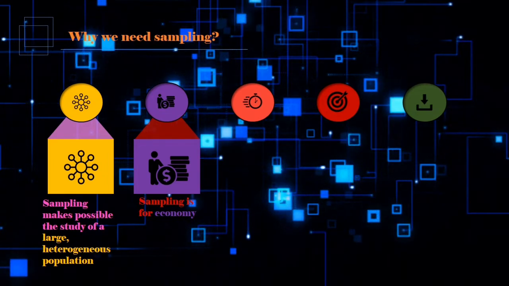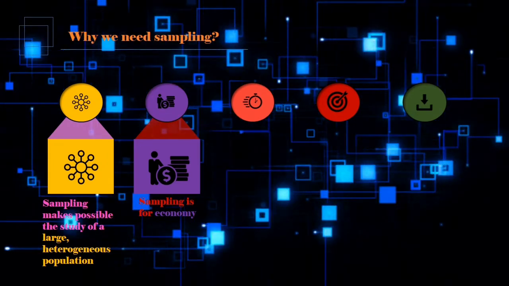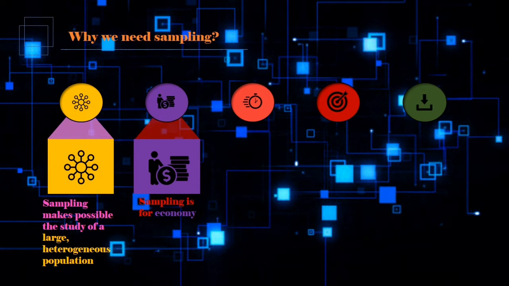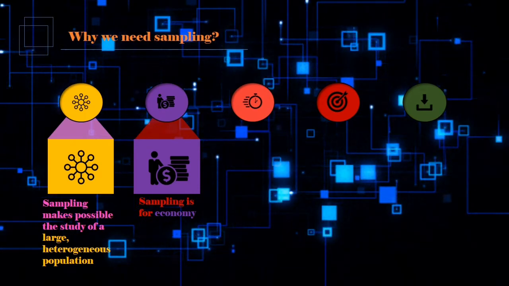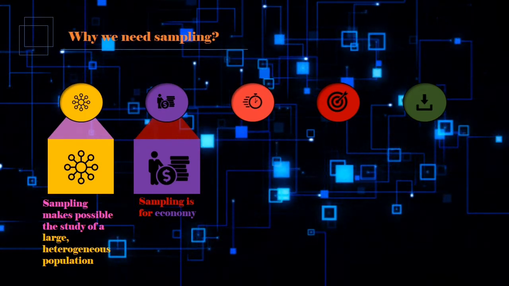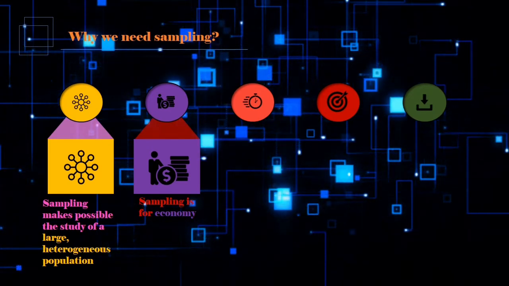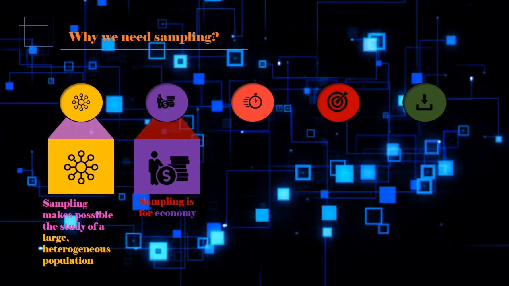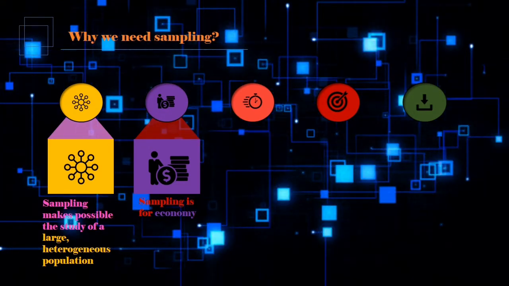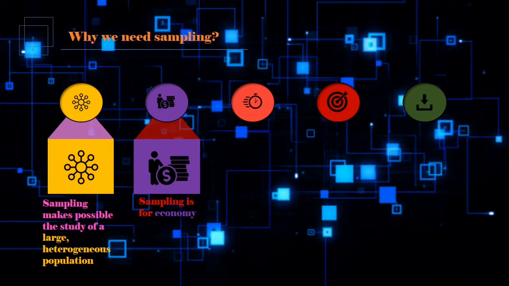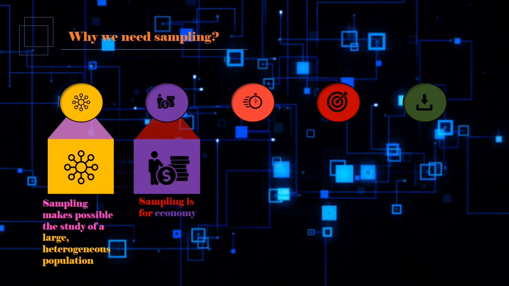When we do research, we really have to spend a lot of our resources, especially money. By the use of sampling, we can economize not only our money but also our time as well as our efforts and other resources which are being used in doing research.